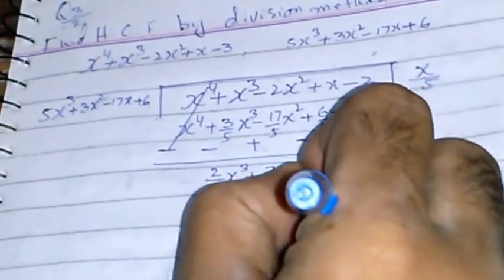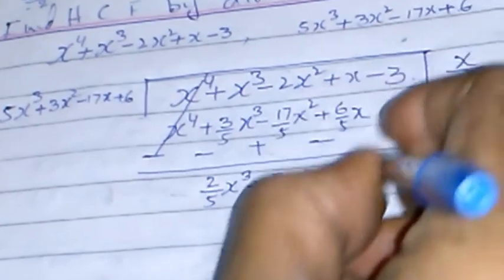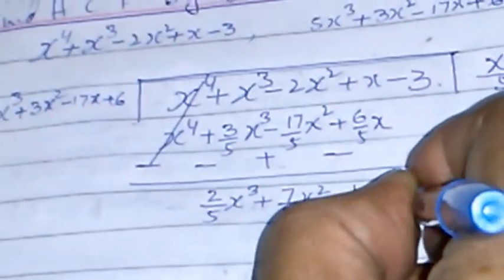Minus 1 over 5 x, and bring this down as is, 3.